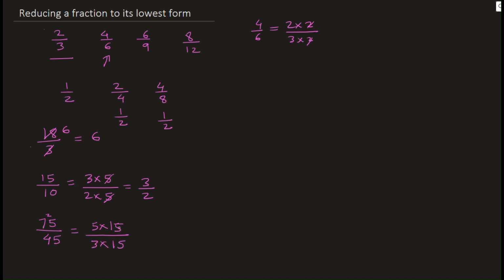So here 15 is the common factor which is cancelled out and the simplified form of the fraction is 5 over 3.